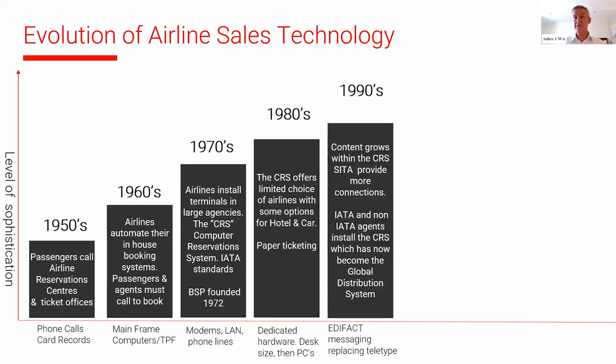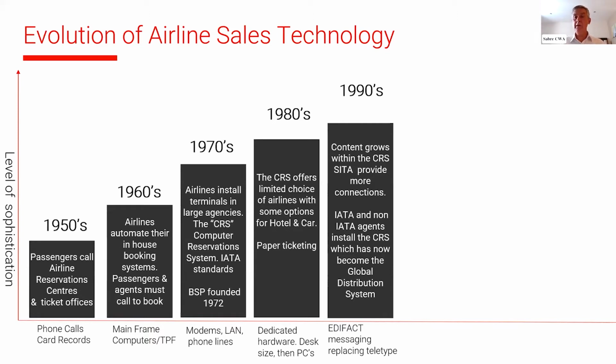By the 90s, there was ever more content available, not just air, hotel, and car. We were starting to see tours, we were starting to see insurance, we were starting to see a lot more cruises and a lot more different products available. And the GDSs, who were and are technology providers in the airline industry, were providing ever more connections to these suppliers.